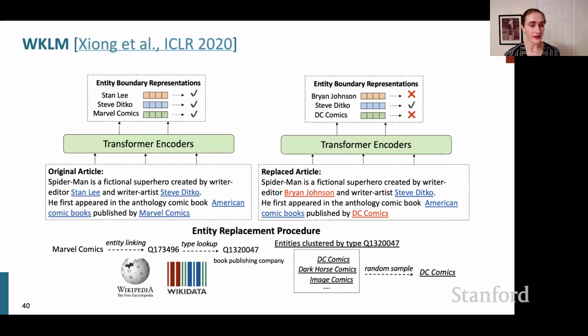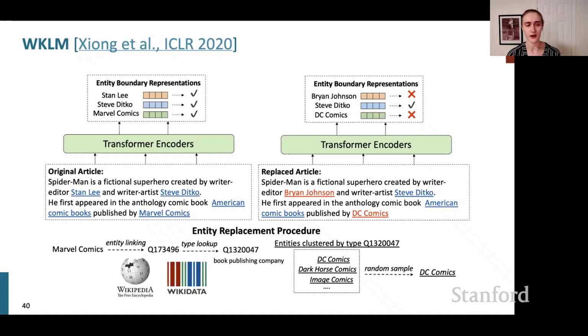This diagram here is from the paper and hopefully explains this a bit better. They have their original article on the left, and then they have their replaced article with the corruptions on the right, and the entities are in blue. What they do is for a given entity, they first look up its type. They find other entities of that type, and then they randomly sample one and get an alias of it to replace in the text. So they're going to replace Stan Lee, for instance, with Brian Johnson, and Marvel Comics with DC Comics.